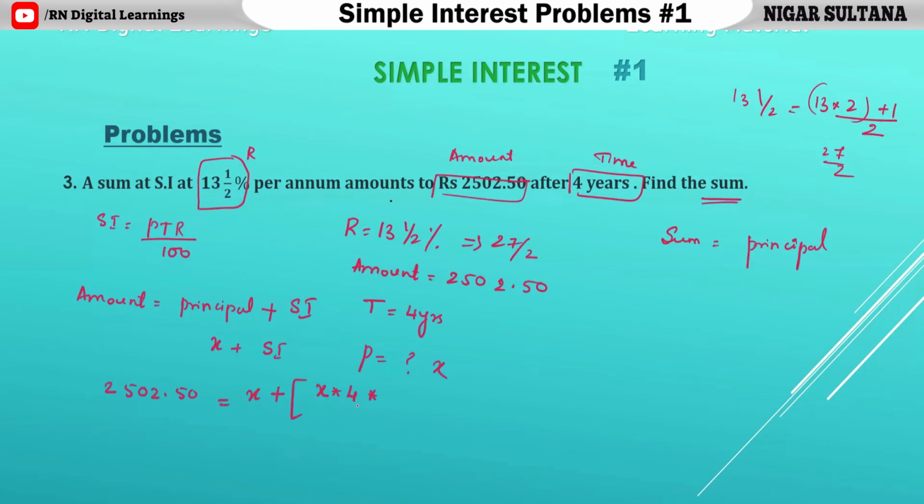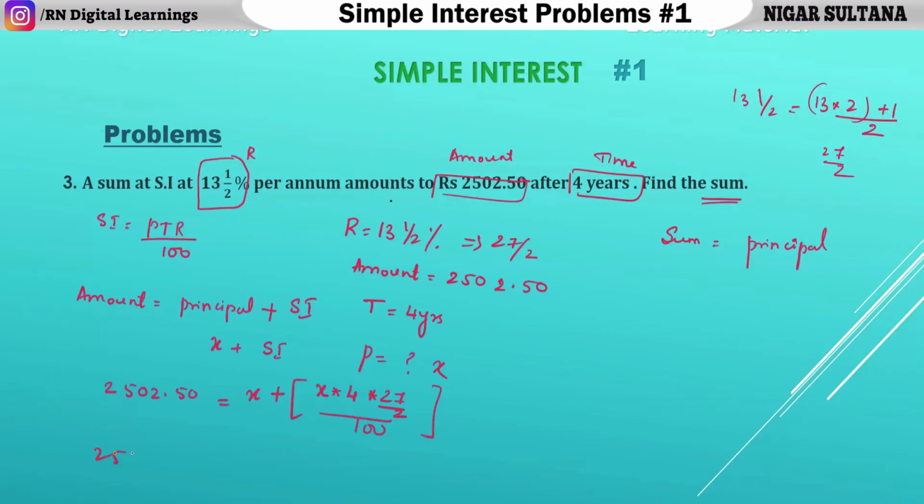Next comes what is the R value? 27/2. Write down 27/2 divided by 100. So how will you simplify this?